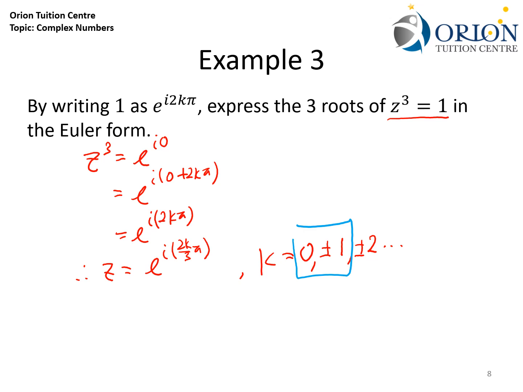Therefore, we have e to the power of i 0 when we substitute k equals 0, e to the power of i times 2 pi over 3 when k equals 1, and e to the power of i negative 2 pi over 3 when k equals minus 1. Of course, the first root we can simplify into 1, and the other two we will leave in the Euler form.